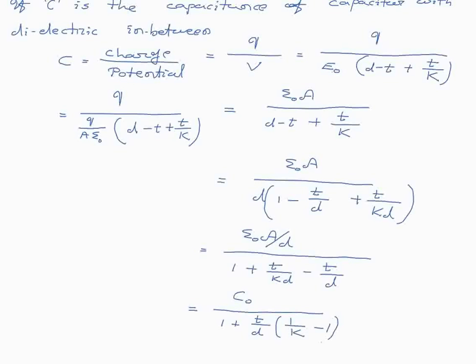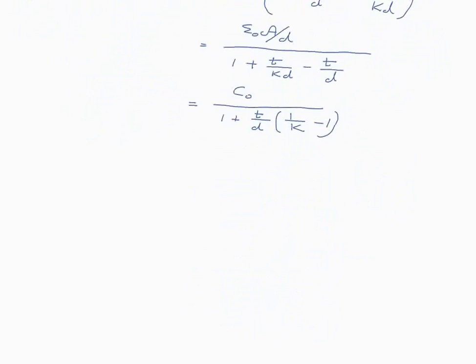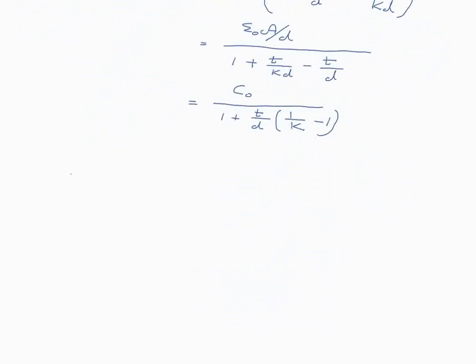This is the final expression. So C is equal to C naught divided by 1 plus t by d into 1 by K minus 1.